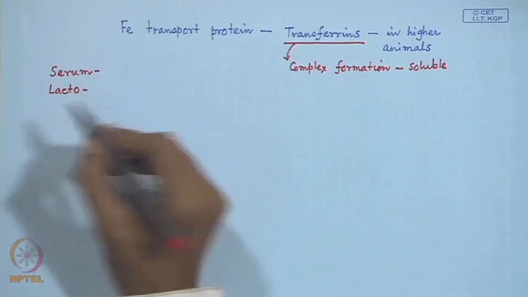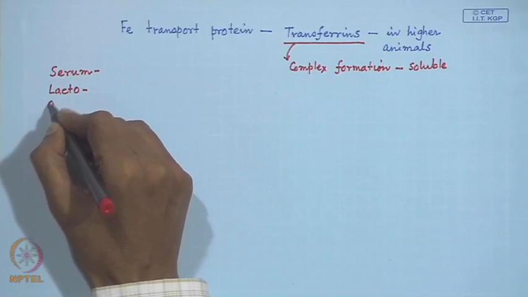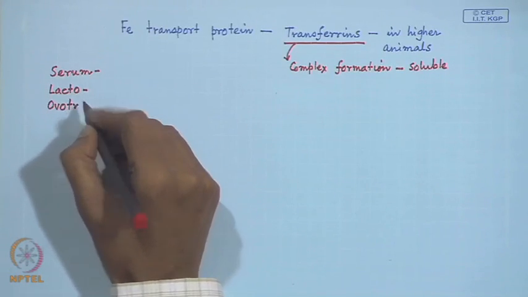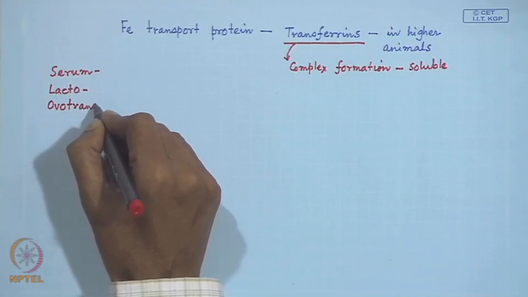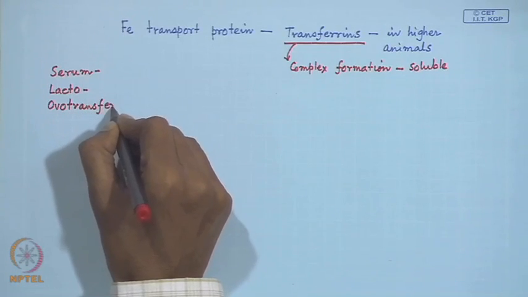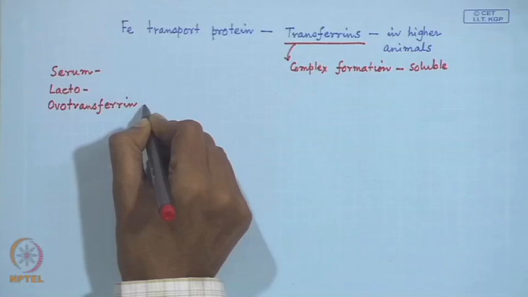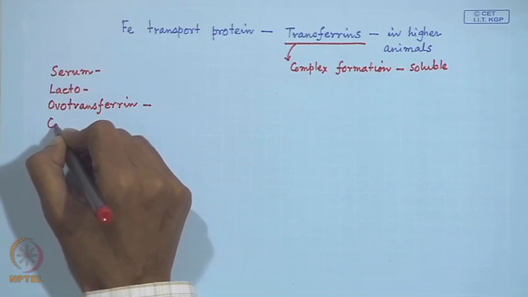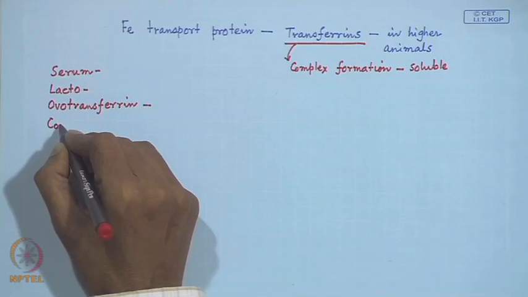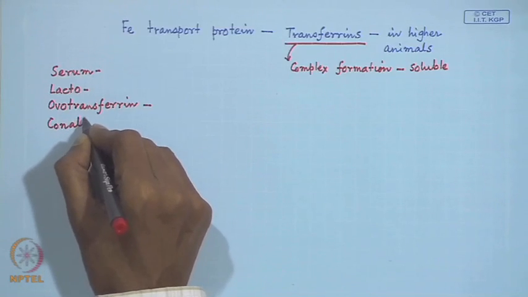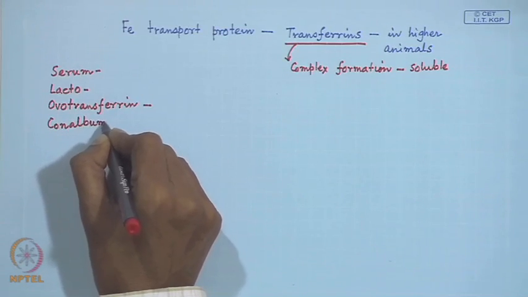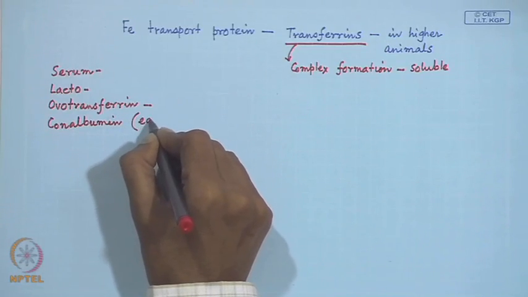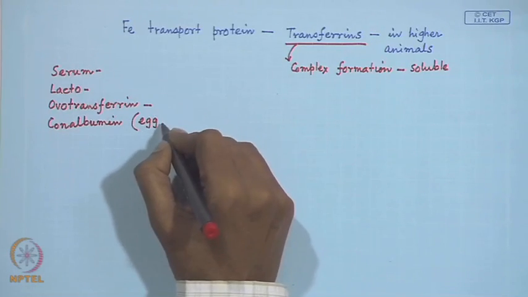Then there are ovotransferrin and conalbumin, which are present in egg white.